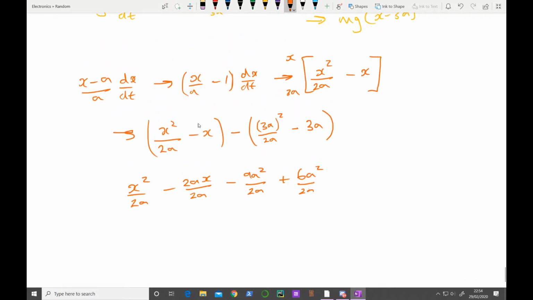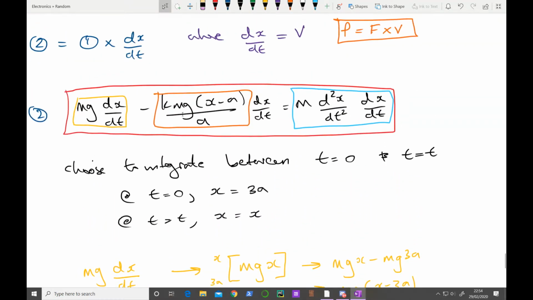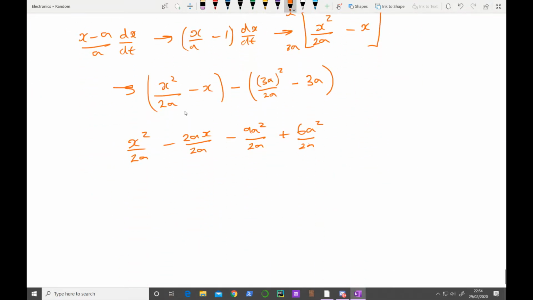When I put all these together and put back the kmg, I'm left with kmg times x squared minus 2ax minus 3a squared over 2a.